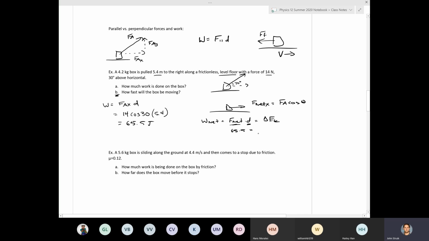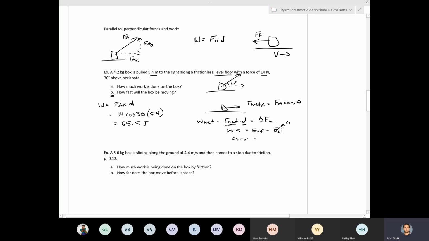That's going to be EKF minus EKI. EKI is assumed to be 0. And so all we have is 65.5 equals 1/2 mv squared. So it's this relationship between how fast something's moving, the gaining of kinetic energy, and the net work done on something, or the net force being done on something.